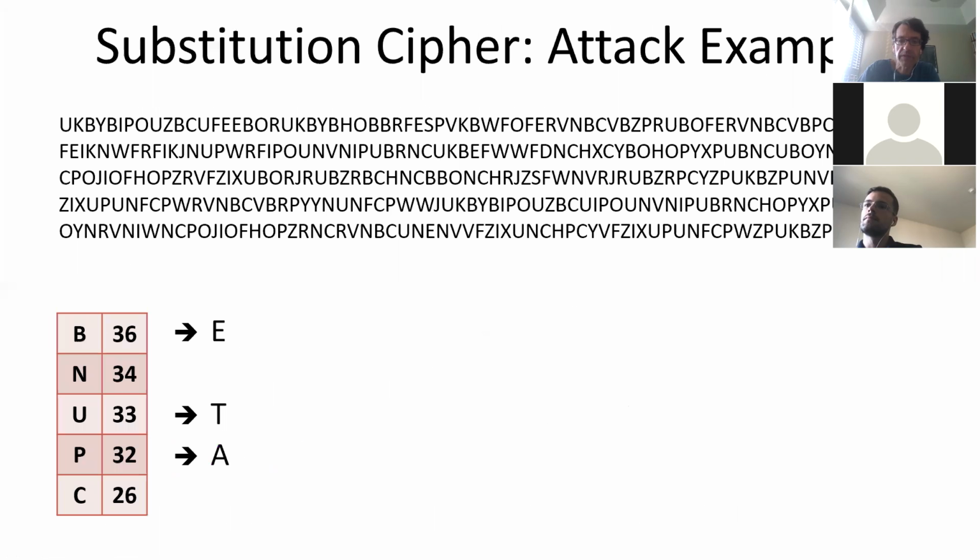And I fix other letters, like for example, perhaps N is the second, but maybe it's the next one, right? So I have some searches here. My first hypothesis will be that, of course, the first most frequent is E, the next frequent is T, and so forth. But this is a state of the search algorithm, because perhaps this first guess was wrong. Okay, so I have to modify my search algorithm accordingly.